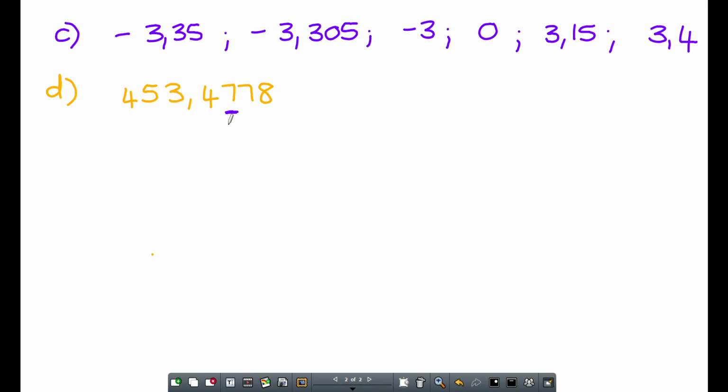Meaning there. Now, if I want to round that number off, then I want to round the second decimal. So then I look at the third decimal, which in this case is a 7, and because it's more than 5, we round it up.